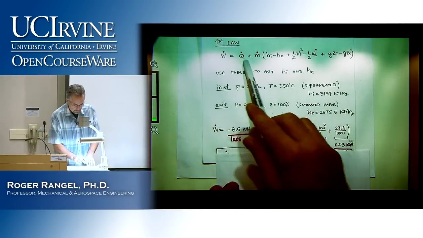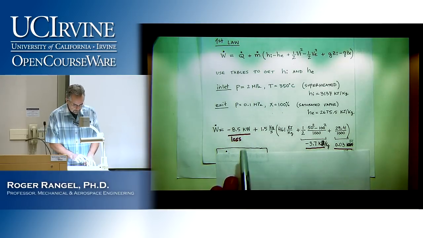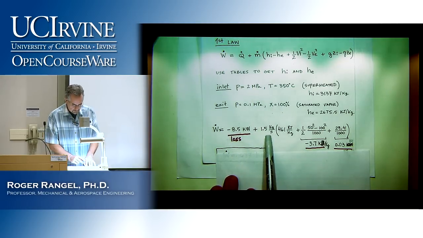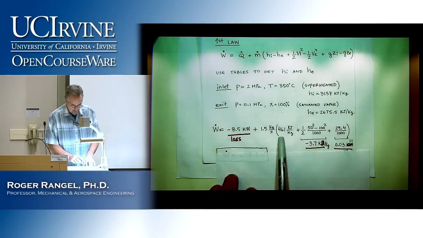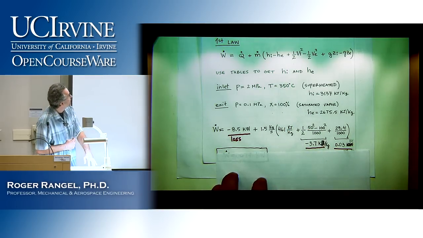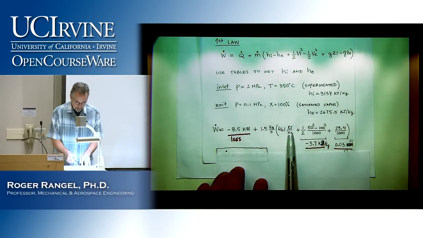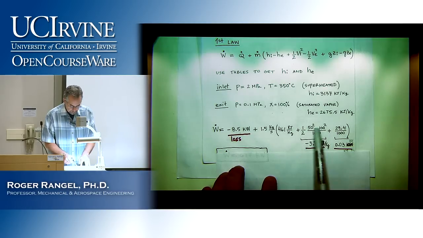The heat loss, so that's negative. That's given. The mass flow rate was 1.5, and then the enthalpy is already subtracted. H sub I minus H sub E gave me 461 kilojoules per kilogram. The kinetic energy is here.